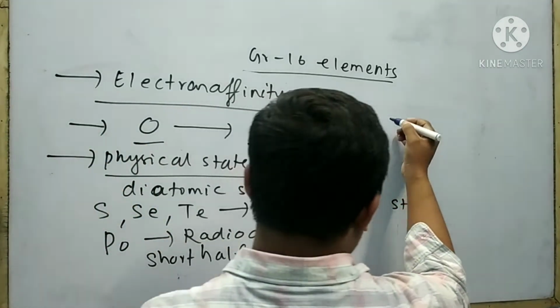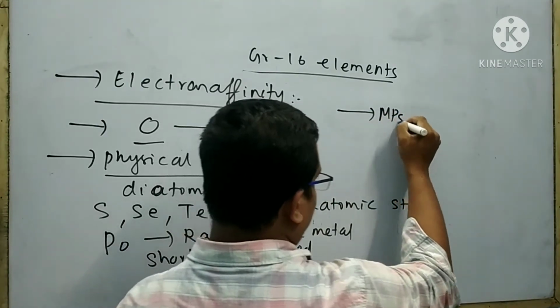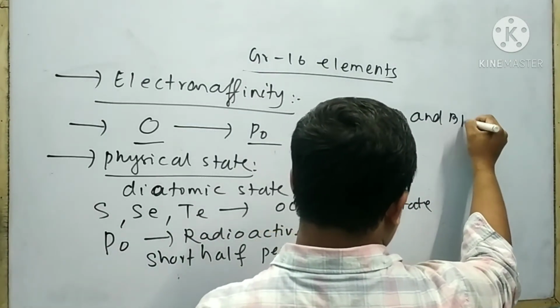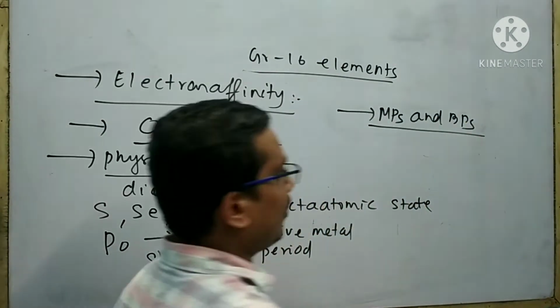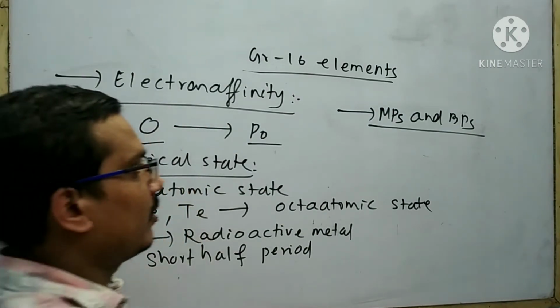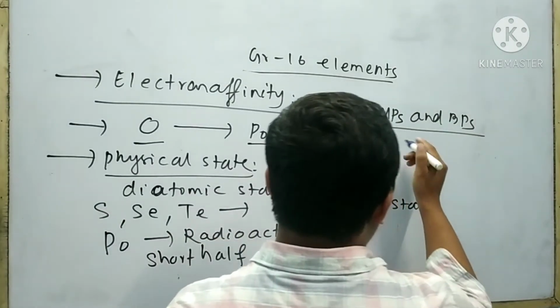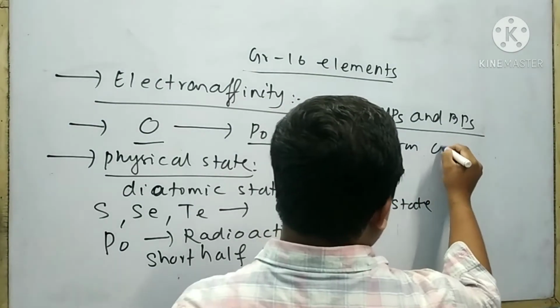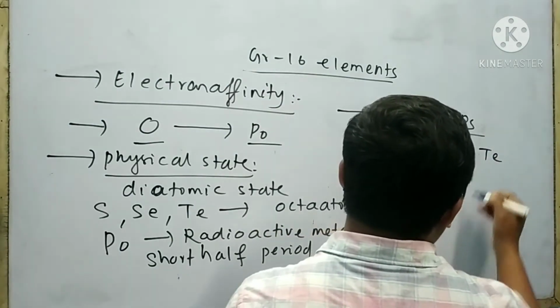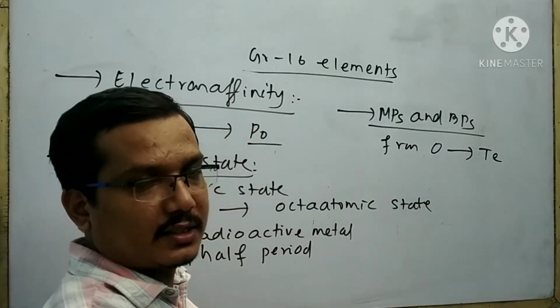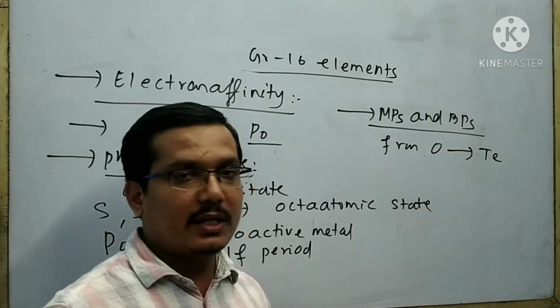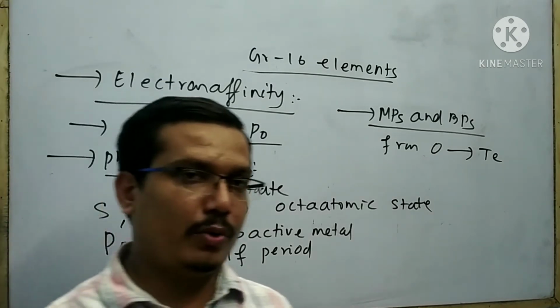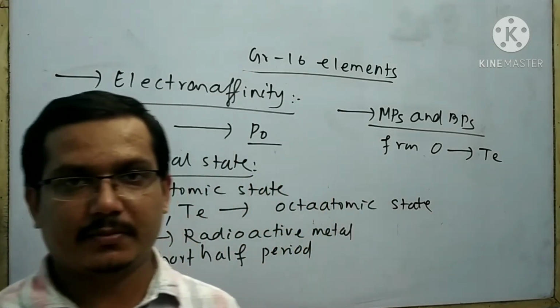Next physical properties, melting point and boiling point. The melting point and boiling point go on increasing from oxygen to polonium, then decrease. These are the physical properties of group 16 elements.